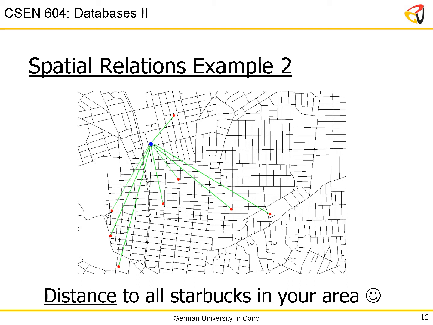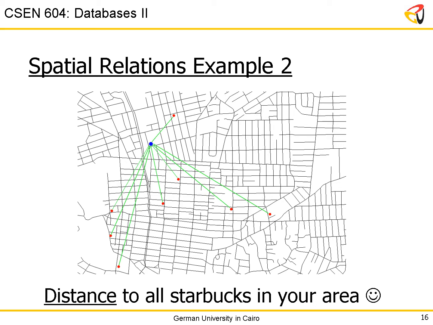So you need to find the closest Starbucks to you, okay? That involves measuring the distance from where you are to all the Starbucks in your neighborhood or in your city, sorting the result set and getting the one that's closest to you, okay? So this involves distance calculation from where you are to every one of the Starbucks in your area. So this is again an example of doing distance calculation.